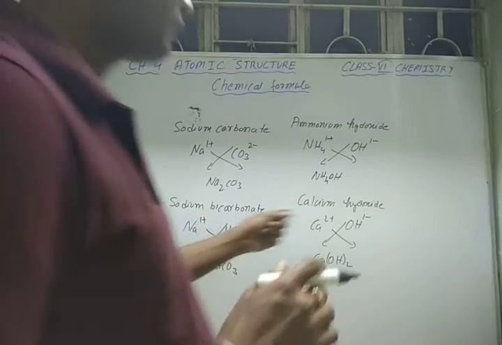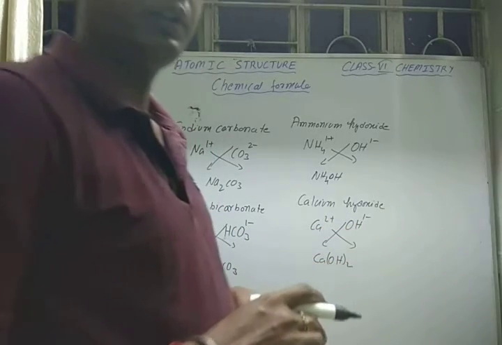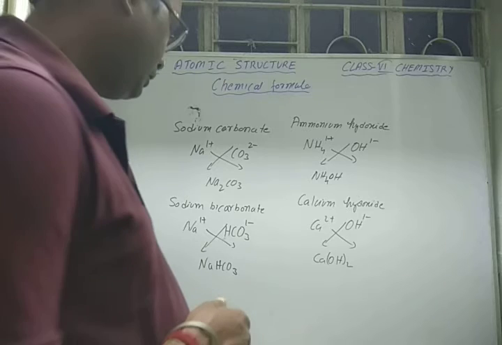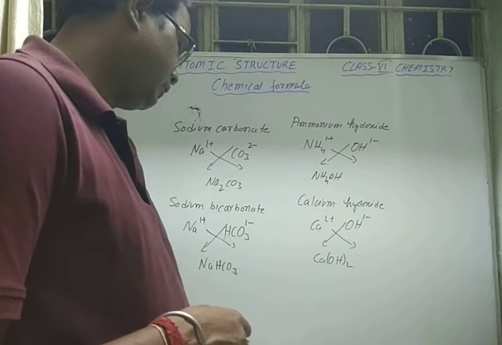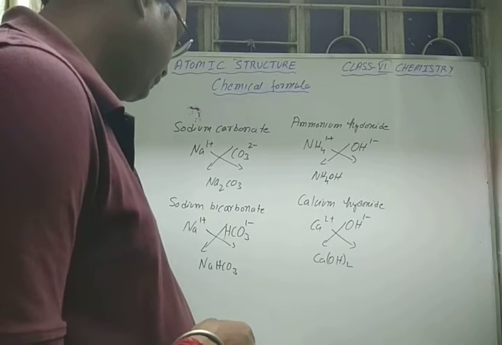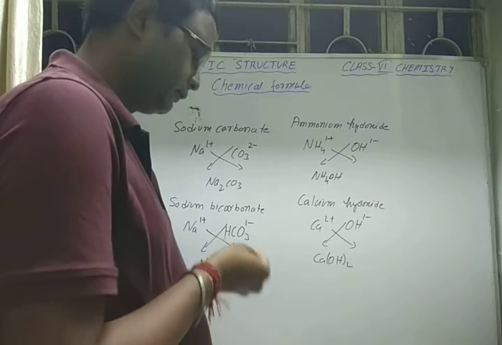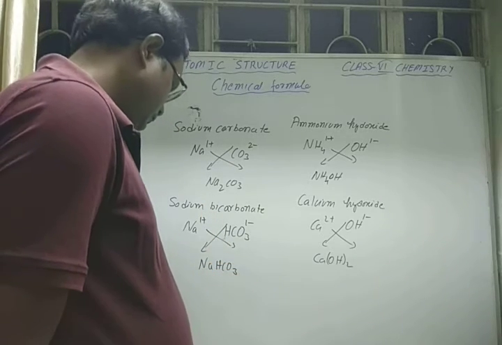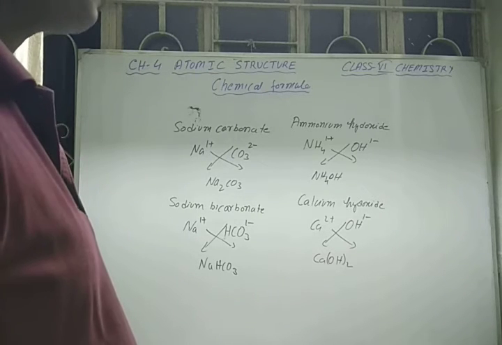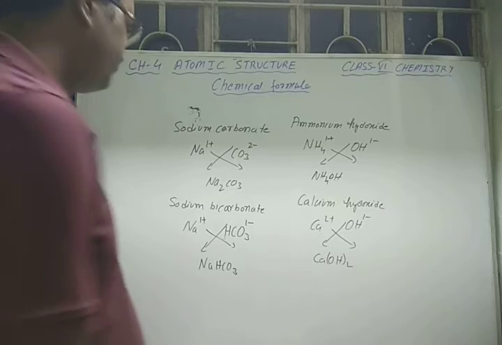So if 2 comes to this side, it will become whole 2. So it will become the formula Ca(OH)2. In this way, we have to make the chemical formula. For this, obviously, we have to remember all these things. So I hope all of you have understood how to make a chemical formula.